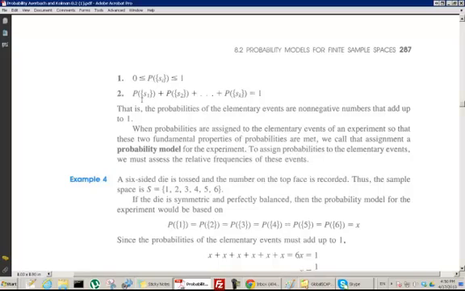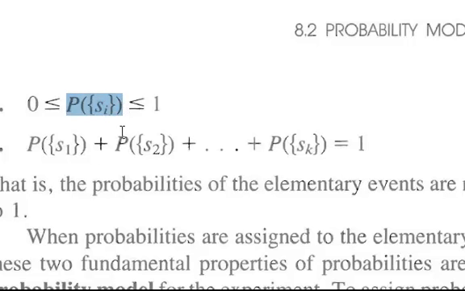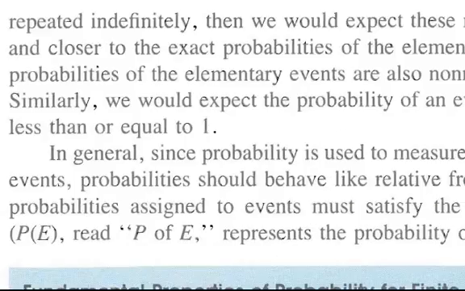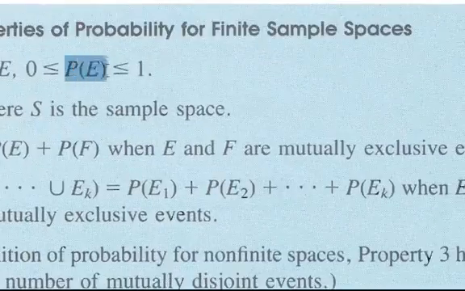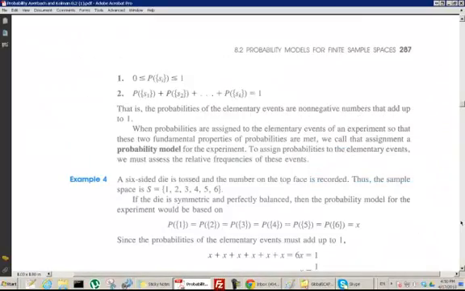And what we just said is that the probability of each elementary event must be between 0 and 1. Up above we said that the probability of each event must be between 0 and 1, and now we're saying specifically that for the elementary events, the probabilities for each of them must of course also be between 0 and 1.